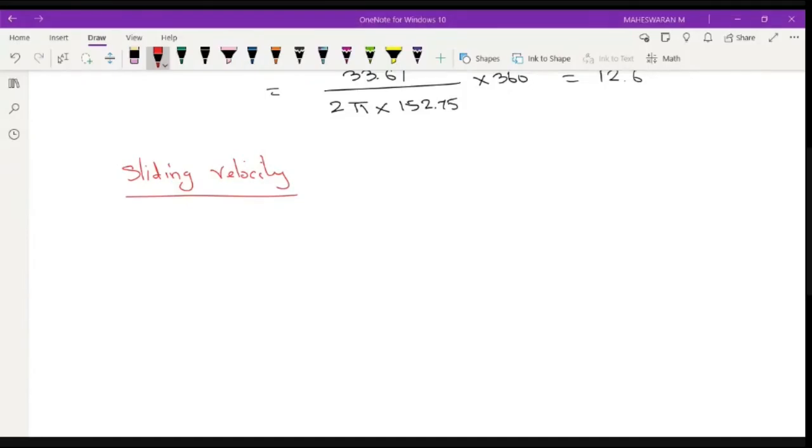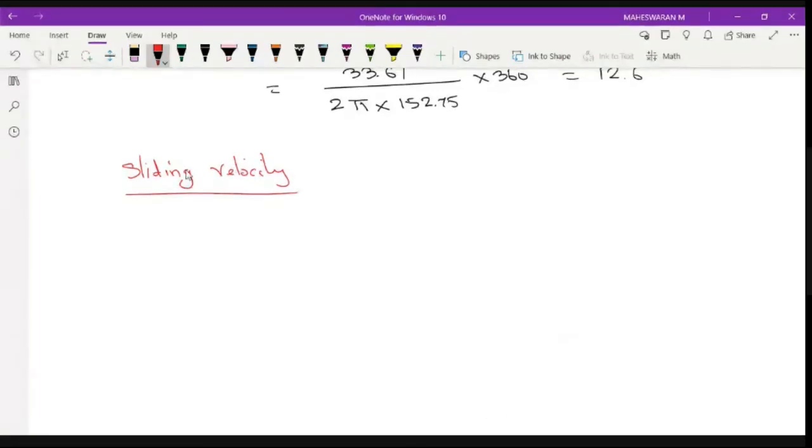Can you hear me? Yes, sir. The sliding velocity: first you have to identify the linear velocity. Linear velocity is given, which is 1.2 meter per second.